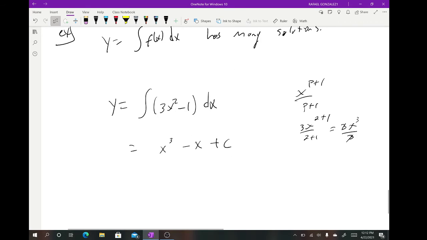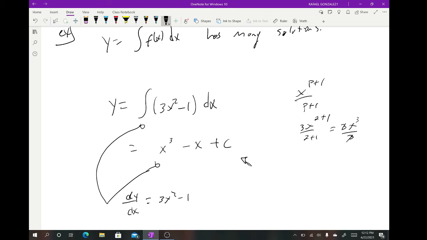Now, we know that for every single c, an antiderivative is given by the differential equation, which is dy/dx equals 3x squared minus 1. This is the derivative. This is the integrand over here, but that's the derivative of this, 3x squared minus 1.